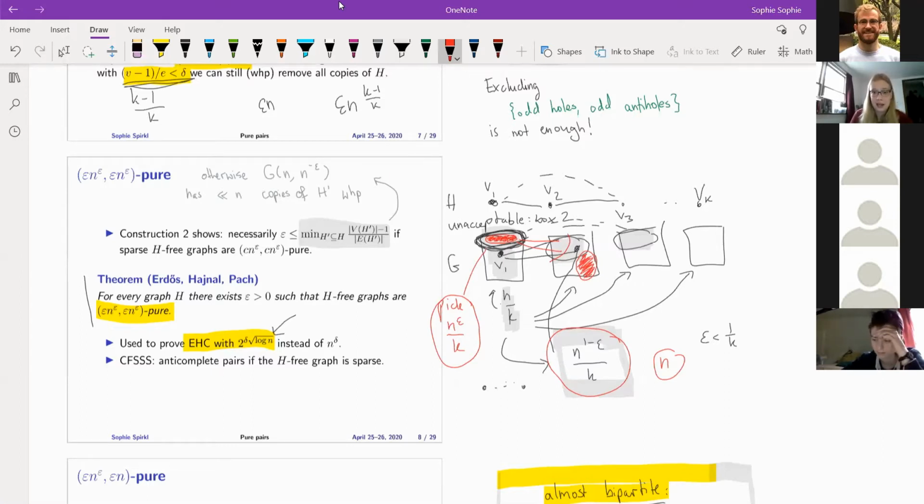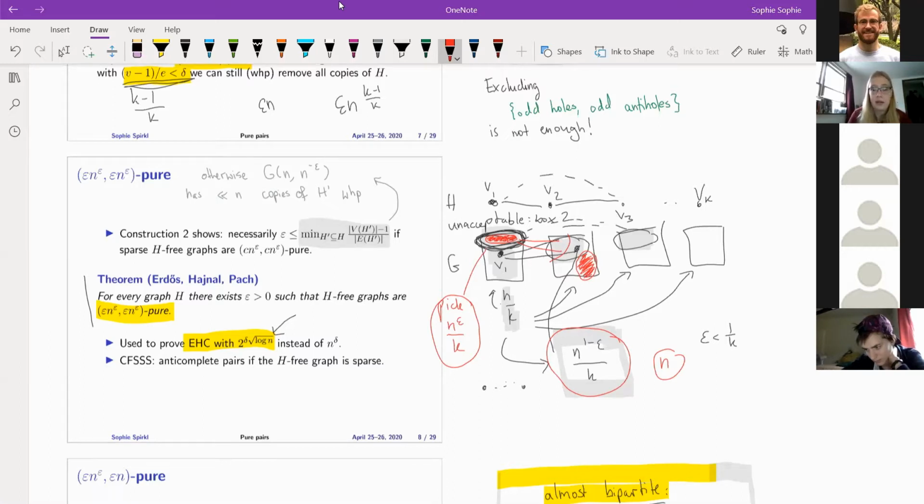Let's say it again very briefly. So what you do is you say, I have these boxes, that's where I plan to embed H. And at every step, I look at a new vertex of H and say, I'm going to pick a vertex in this box now that's going to be that guy. Only making sure that you still leave yourself plenty of choices for the remaining vertices of H you want to embed.